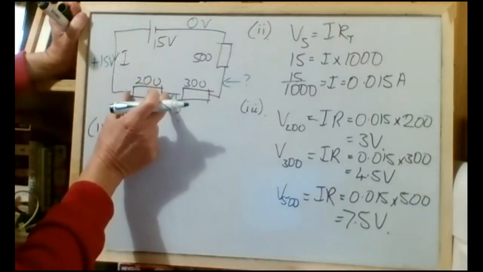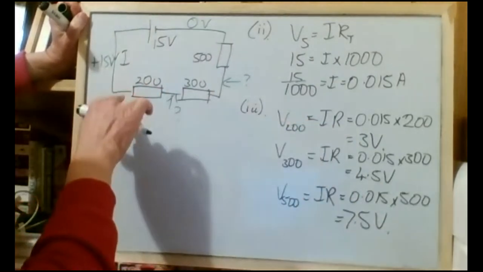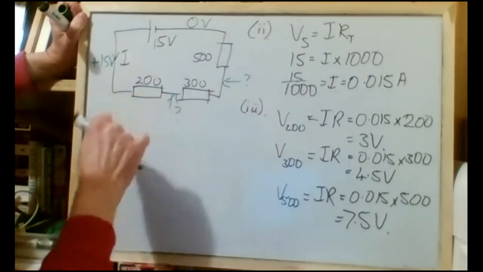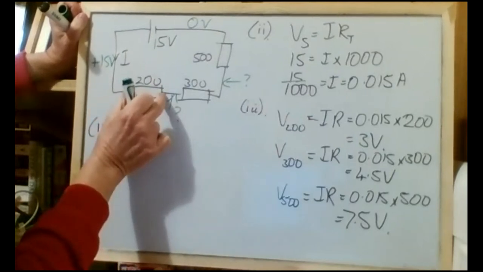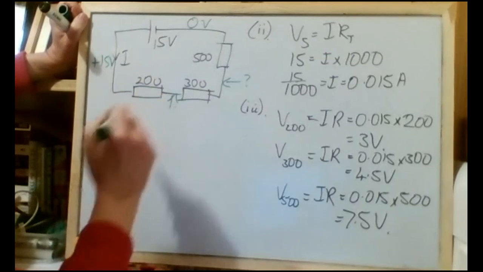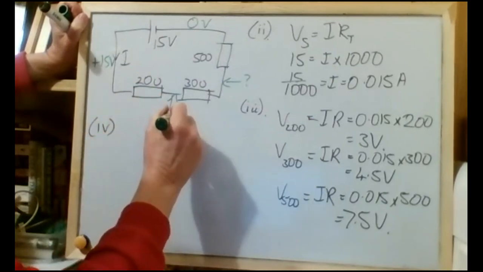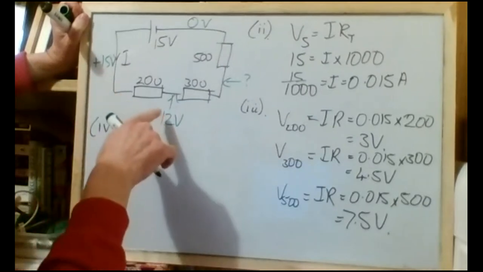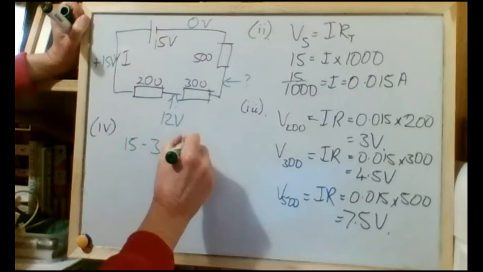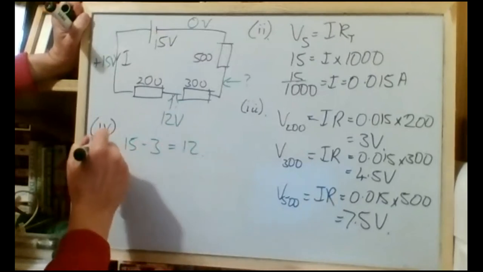But we know the potential difference across that resistor. We've worked that out. It's 3 volts. If it starts off as 15 there, it's going to drop energy, and there's a 3 volt difference there. That means that at this point, you're going to have 12 volts. 15 minus 3 equals 12.